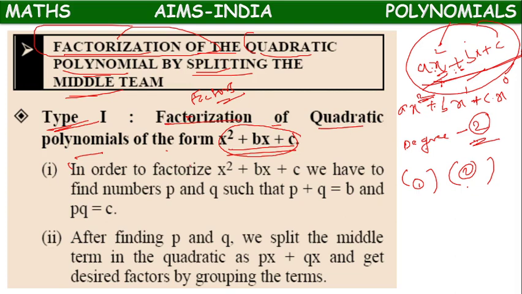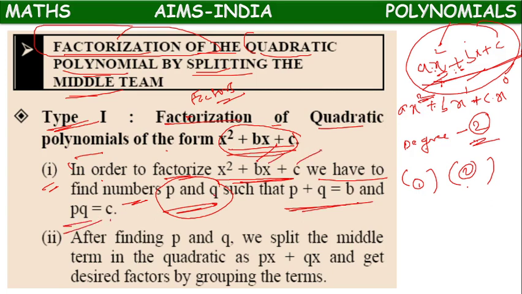Now, what are the steps? In order to factorize x square plus bx plus c, we have to take the help of two numbers p and q such that their sum is equal to b, the coefficient of x, and their product is equal to the constant c.